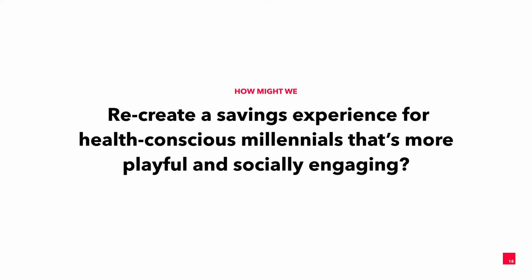In our example case, we're looking at a financial institution who wants to create a new value proposition for millennials who are looking at ways to save more and be healthy at the same time. So we frame that as a how might we statement, and it goes something like this. How might we recreate a savings experience for health-conscious millennials that is more playful and socially engaging?